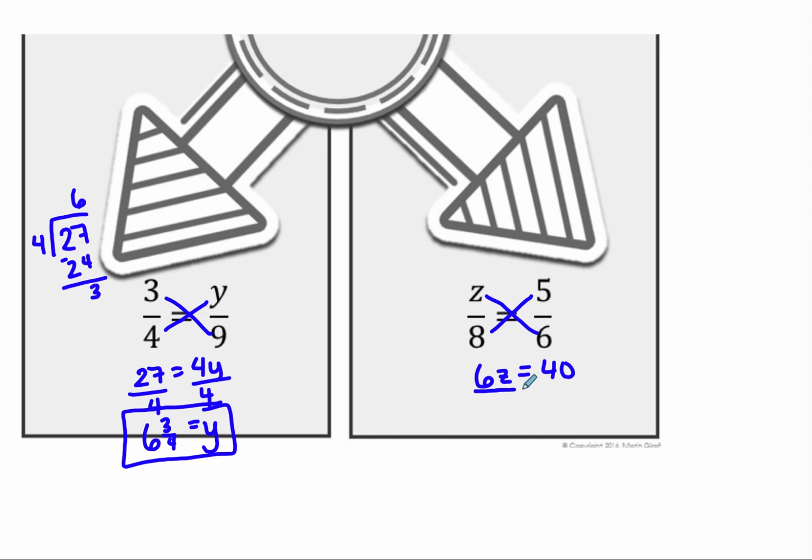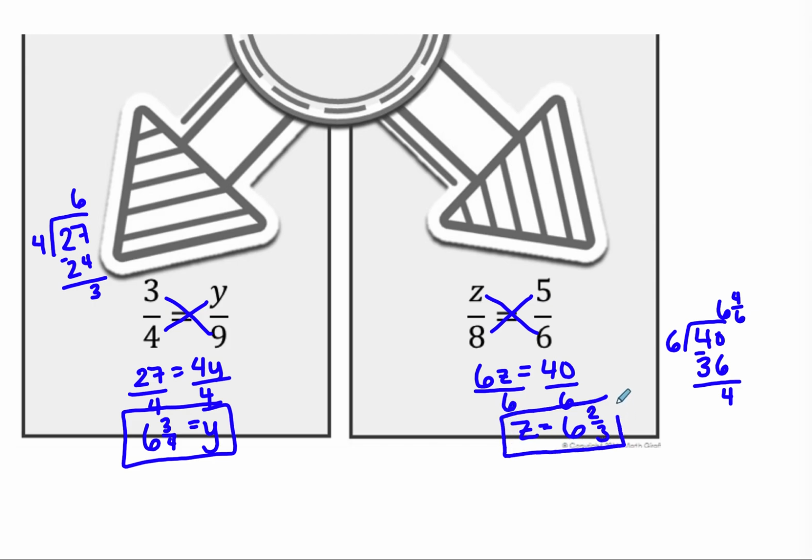We need to divide by the number with the variable. z equals 40 divided by 6. 6 goes in 6 times. We subtract to get 4. 6 and 4/6, which simplifies to 6 and 2/3. If you're writing an answer that is a fraction or a mixed number, you do need to make sure that your final answer is in simplest form.